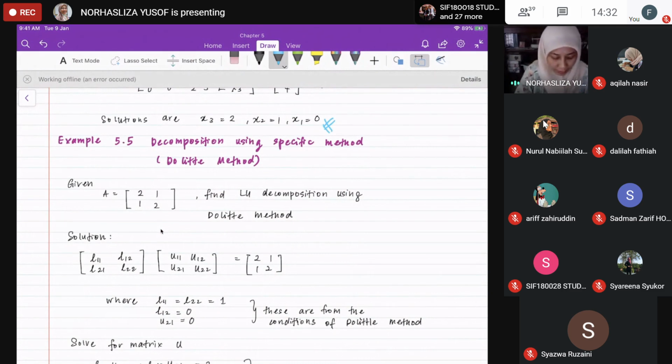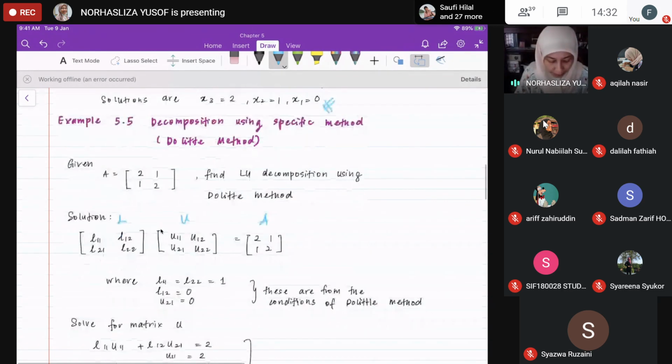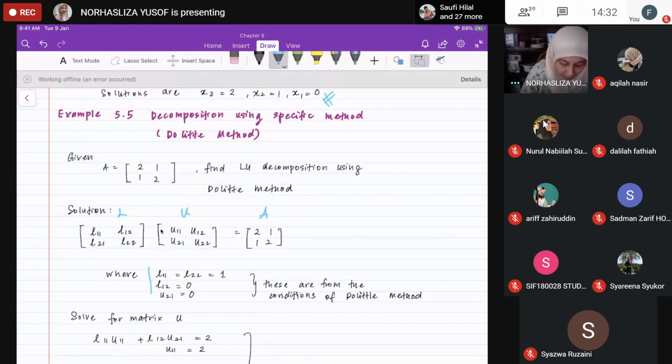Okay, so this is the L, and this is your U, which is equivalent to your A. Right, so you can see that I put some coordinates for your L and U, so that it's easier for you to see. And from there, this is the condition that we put to fulfill the condition of Doolittle.